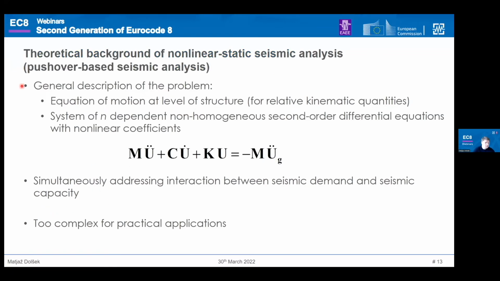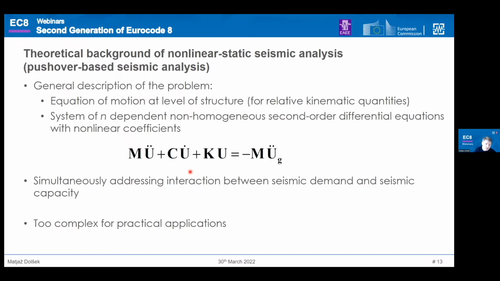So the theoretical background, or the rationale, for the pushover analysis is explained in this slide. If you would like to calculate the seismic response of the building, we have to set up the equation of motion at the level of the structure. This means that we have a system of n dependent non-homogeneous second order differential equations with nonlinear coefficients.